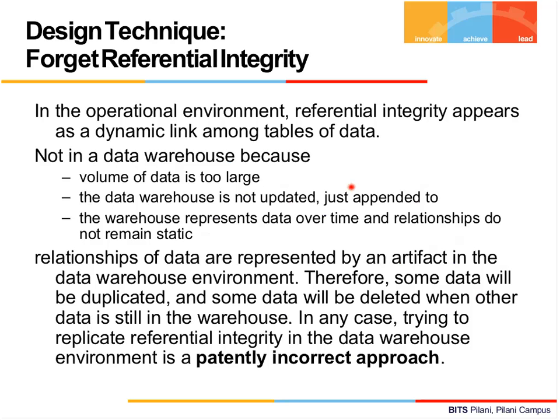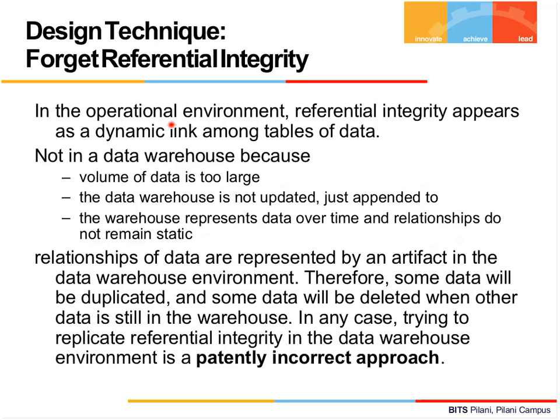Forget referential integrity. What I say here is we are introducing some redundant data. In case of an operational system, we will have referential integrity, very tight referential integrity. Here in case of a data warehouse, we are going to introduce duplicate data.